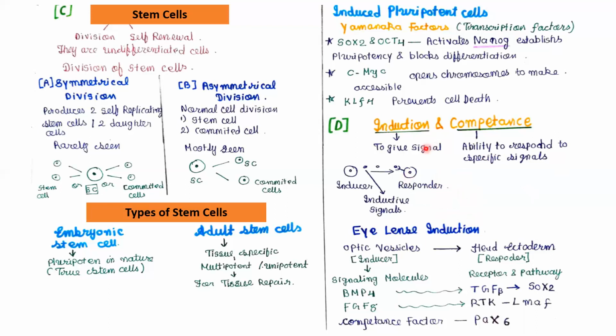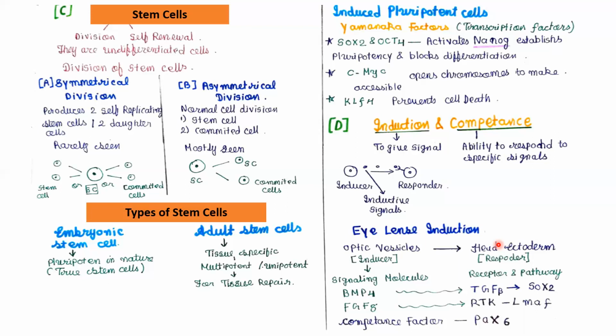Induction and competence mainly deal with two types of signaling, which are paracrine or juxtacrine signaling. We will be looking at lens induction in amphibians. In amphibians, there are two types of cells. One acts as an inducer and the second acts as a responder.